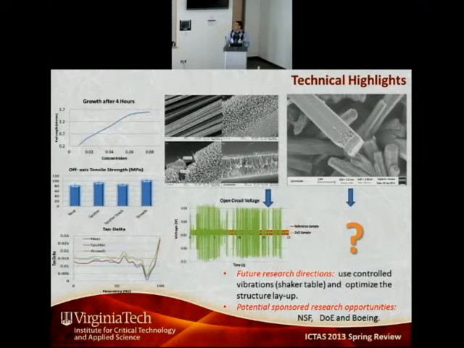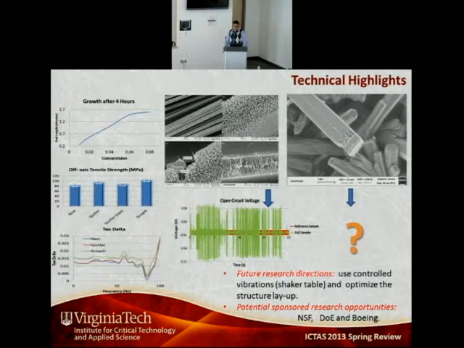So here we are trying to profit from the outstanding mechanical properties and the good electrical properties of the carbon nanotubes, and see how growing those carbon nanotubes will modify the mechanical properties of the composite and the energy harvesting characteristics of the FRP.